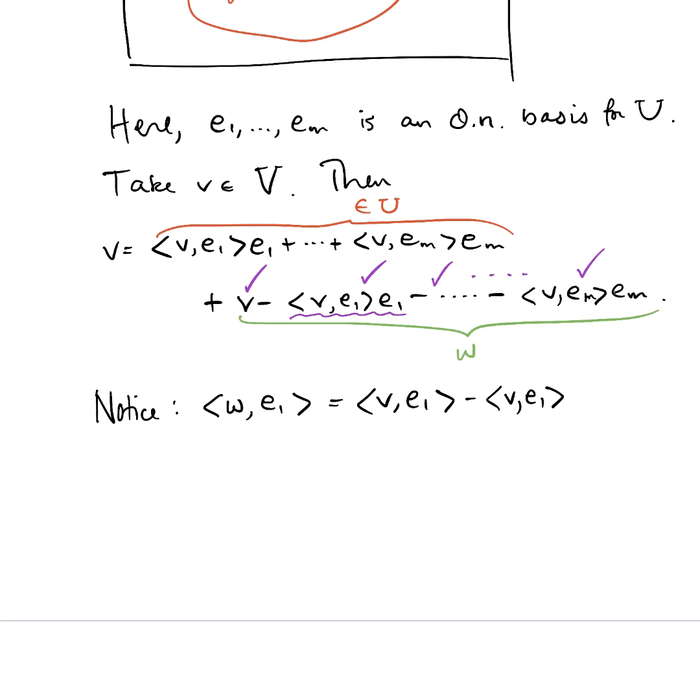So those other pieces contribute nothing. And lo and behold, when you do w's inner product with E1, you just get 0. In fact, if you run that argument, you find that w's inner product with any Ej is 0.